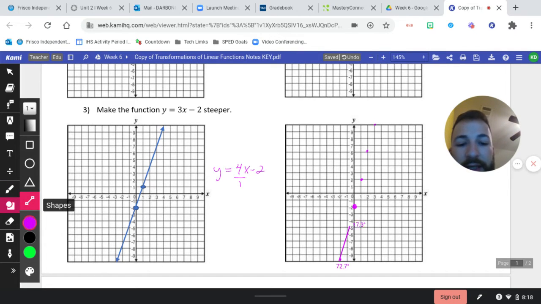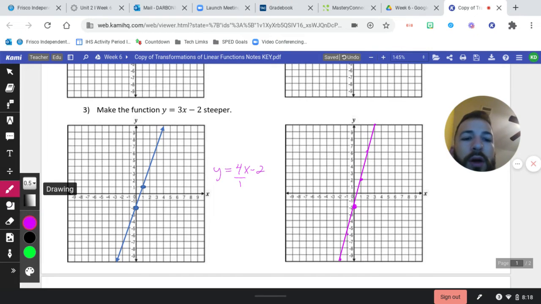Then we'd add in our line. It might be a little hard to tell, but our function is just a tad bit steeper. It now rises by 4 and runs by 1 instead of rising by 3 and running by 1. So it gets a little bit higher, a little bit faster.